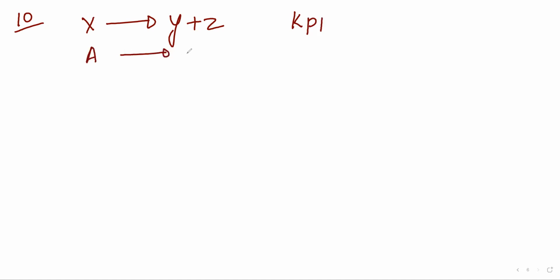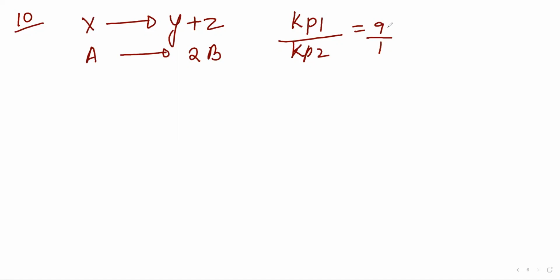Now see question number 10. The values of Kp1 and Kp2 for the reaction are given. When X dissociates, it forms Y plus Z. The equilibrium constant for this reaction is Kp1. And when A dissociates, it forms 2B. So the Kp2 reaction is given. They are given in the ratio 9:1. So the ratio will be 9/1.